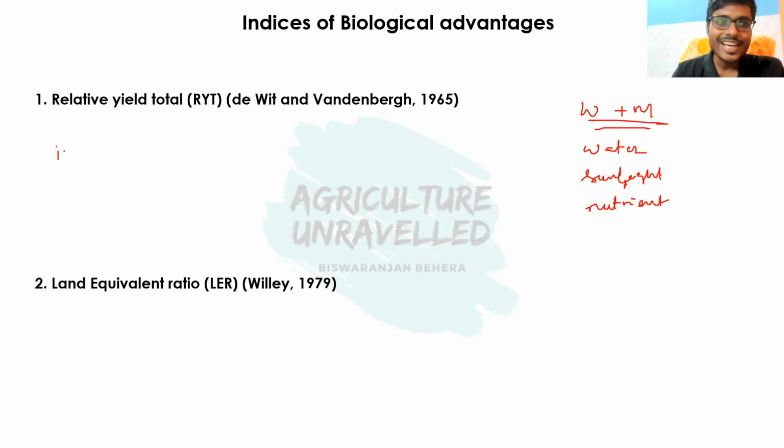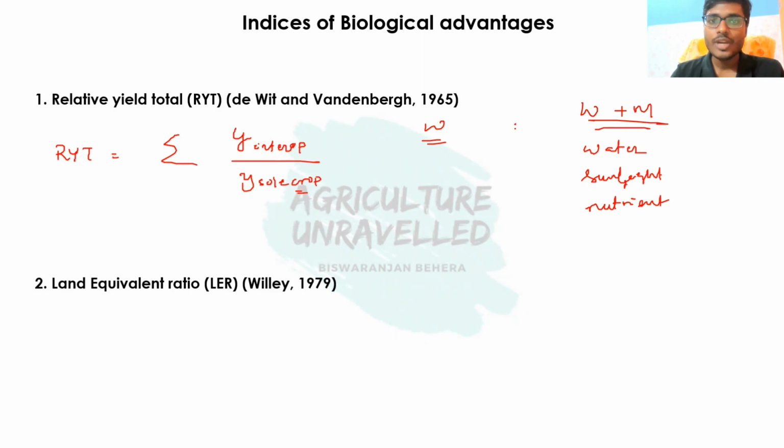The formula of relative yield total is the summation of the ratio of the yield of intercrop divided by the yield of sole crop. Here the example is wheat plus mustard. For example, the sole yield of wheat is 4 ton per hectare, and the sole crop yield of mustard is 2 ton per hectare.